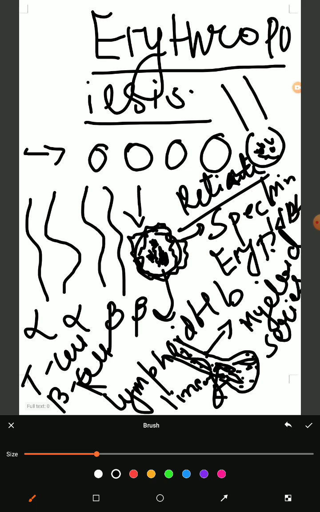And this erythropoiesis process requires some protein synthesis. The main part is that the cell is now going to be replaced by hemoglobin.